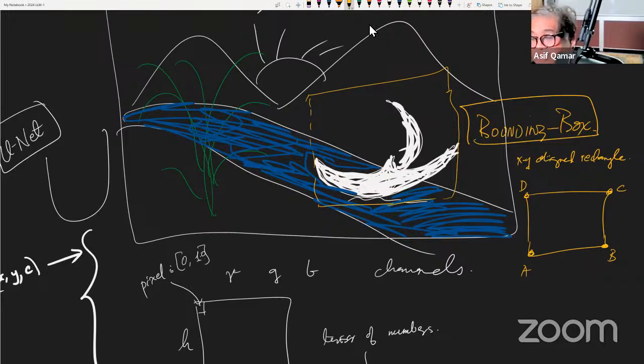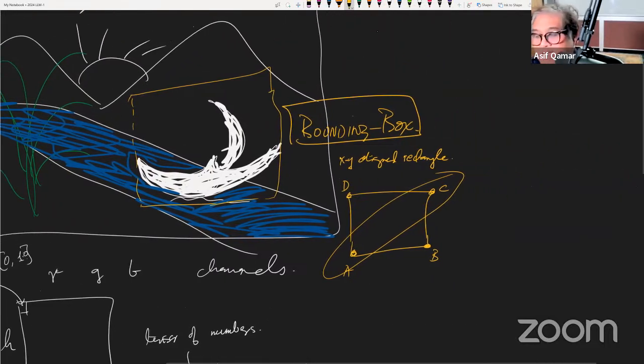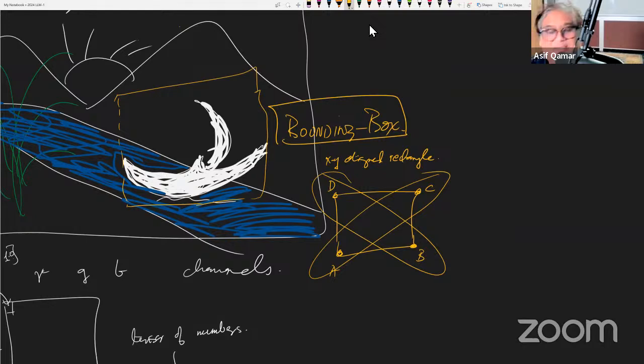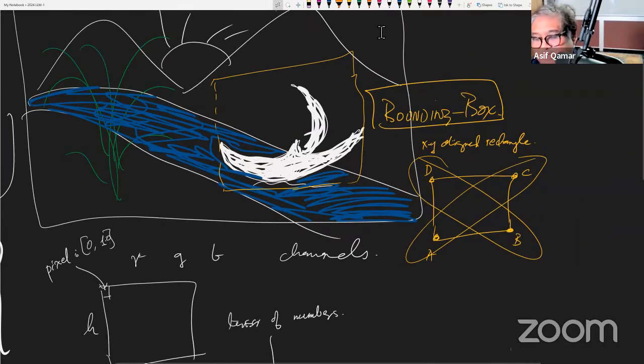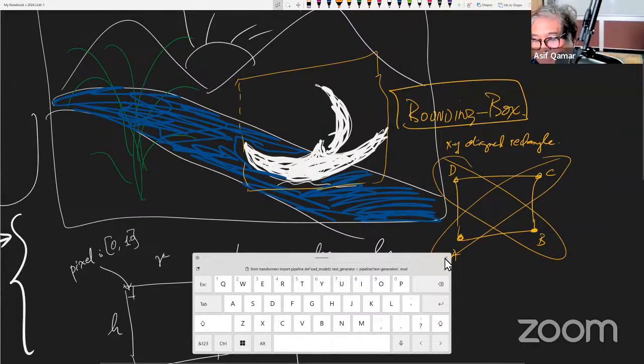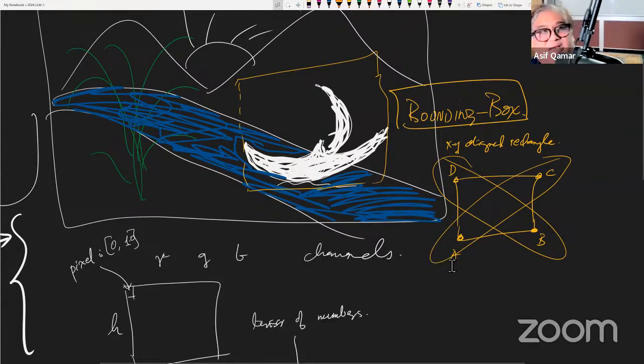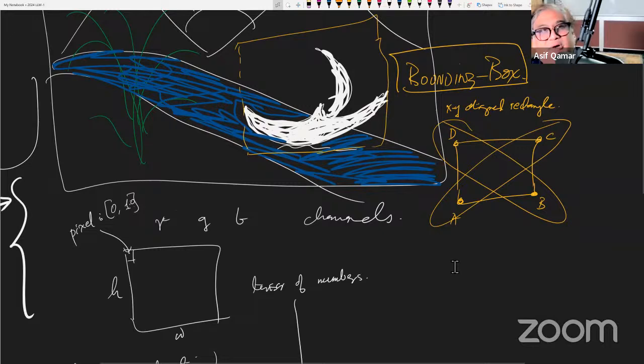Can I just get away with only A and C, or A or C? I can just use these two, or I could use these two, isn't it? Either of the two would give me the bounding box. And you can pick your convention, and software libraries typically pick a convention. They typically pick D and B or something like that: top left, bottom right.